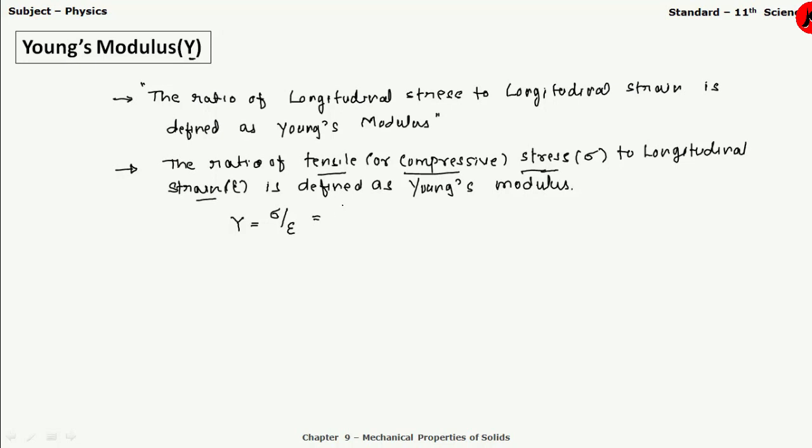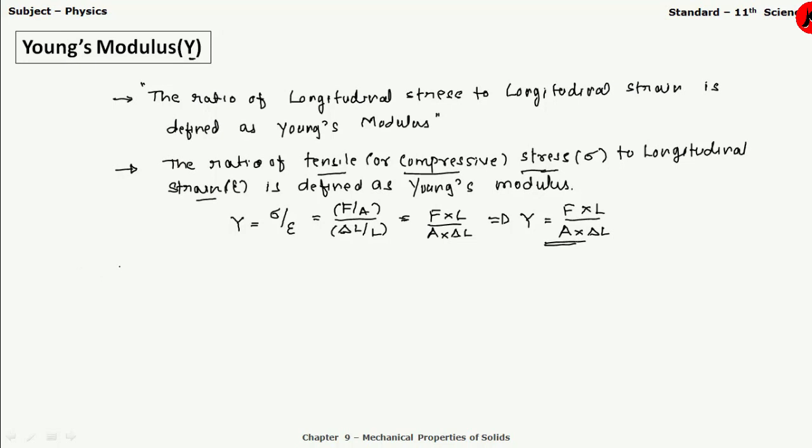It is force upon unit area, F by A, which is the tensile or compressive stress, or you can say longitudinal stress, and epsilon, the strain, is given by delta L by L. So finally, if we simplify, we get Young's modulus Y equal to F into L divided by A into delta L. This is a very important equation.